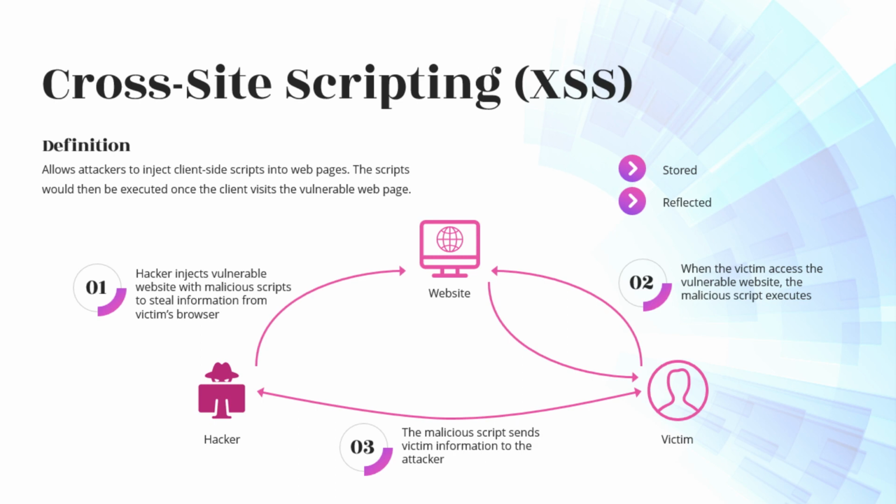And the second is reflected, where the script is executed on the fly. So nothing is actually stored on the website, but because of the vulnerability there, that script will actually execute for the victim without having anything stored on the website itself. So let's see a couple of examples about this.